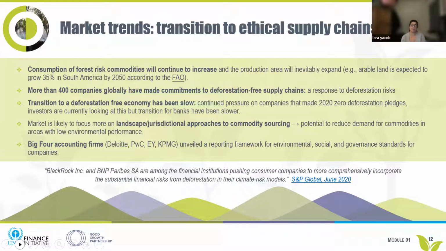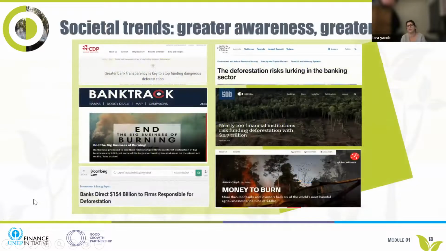Then we have societal trends, and I think this falls under the auspices of reputational risk for banks. And I would say it's been long the impetus for action by the financial community at large. And this often comes in the form of bad press or bad media coverage or NGO campaigns, many of which we see here.